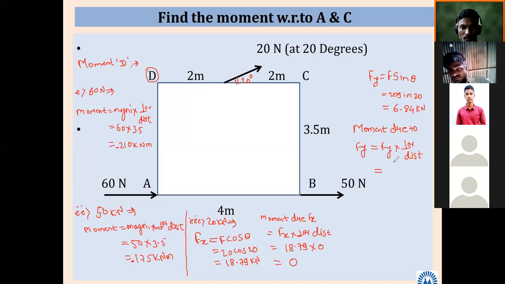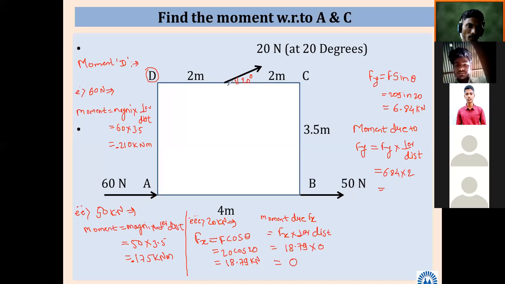Rule number 21: you can mute, you can close your video, unnecessary noise you may get. How much is Fy? 6.84 into the perpendicular distance, 2 meter.